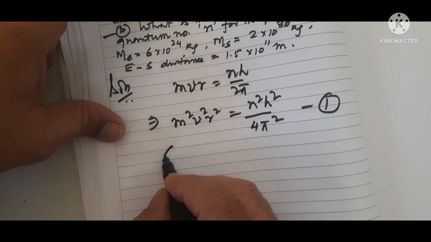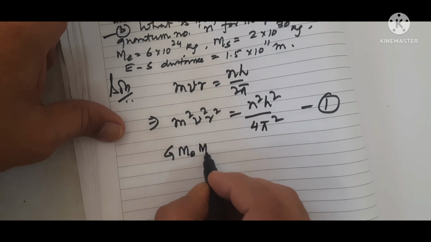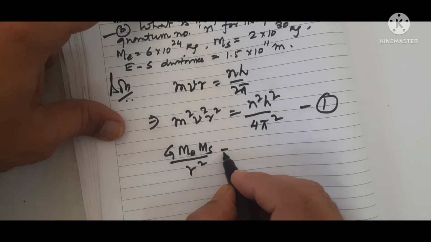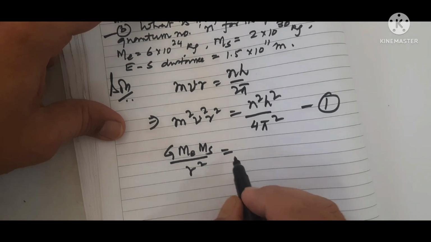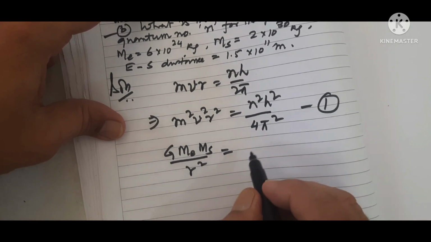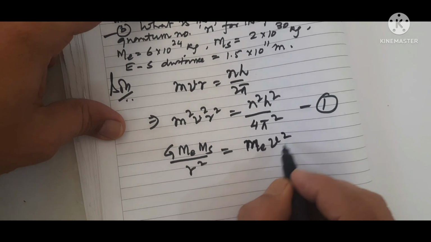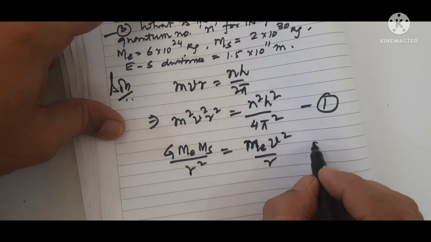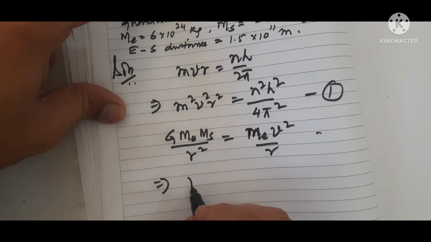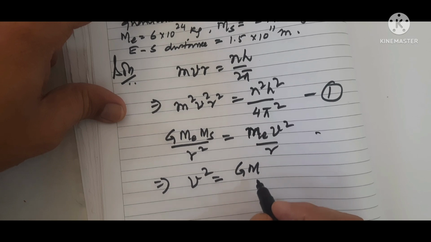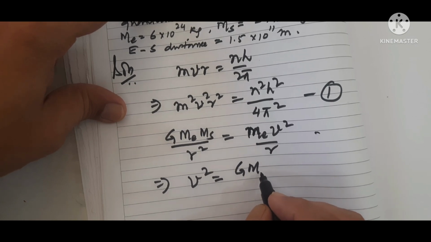अब ग्रेविटेशन फोर्स, G mass of earth, mass of sun by the distance between these two square, that should be equal to, अब सर्कुलर घूम रहा है, this gravitation force is providing the necessary centripetal force, so m, mass of the earth, v square by r, or v square is equal to G M_e by r.